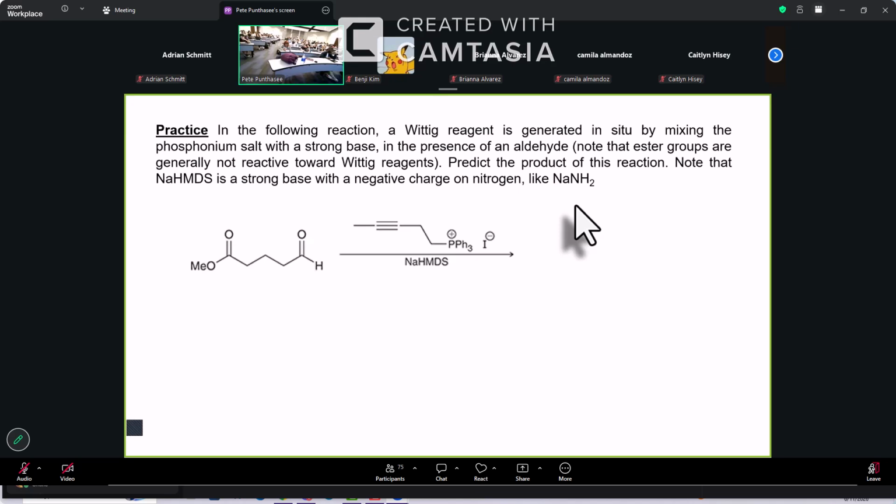It might help if you number the carbons, so you won't lose or gain any extra carbon, or count the carbon, whatever you're comfortable with.